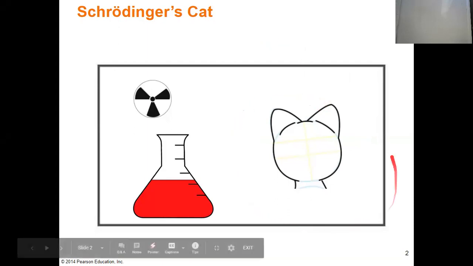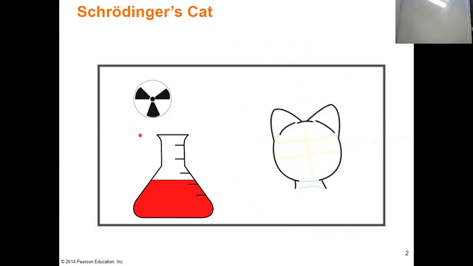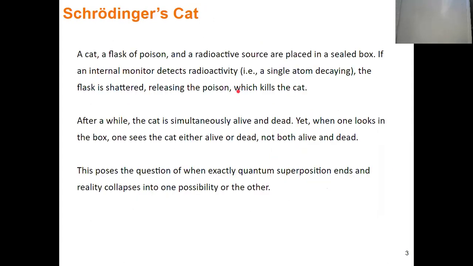It involves a cat that's in a box. The box has some poison in it. It's kind of a messed up experiment. This is the basics though, okay? So you have the cat, you have the poison, and you have this radioactive source, and they're all placed in a box, and the box is sealed.